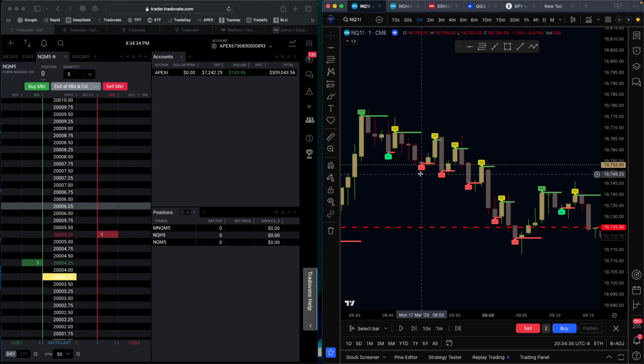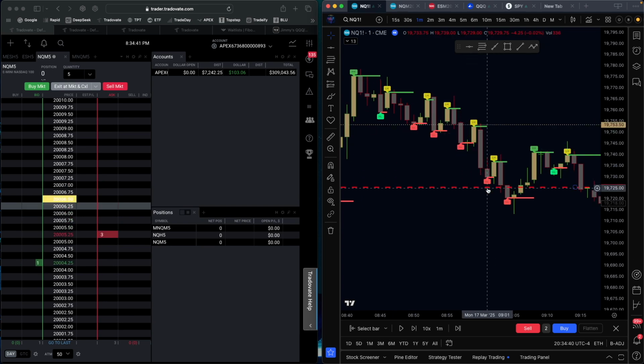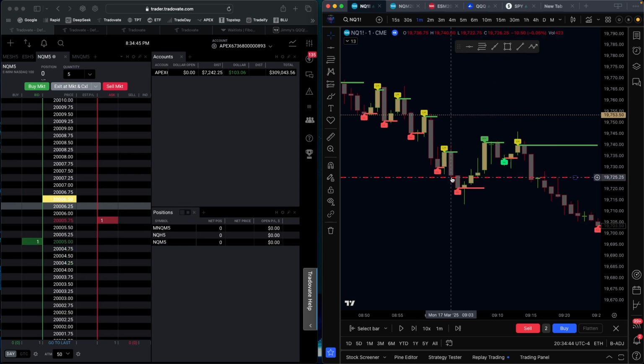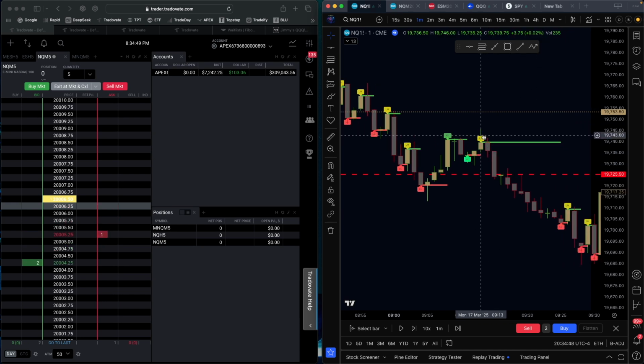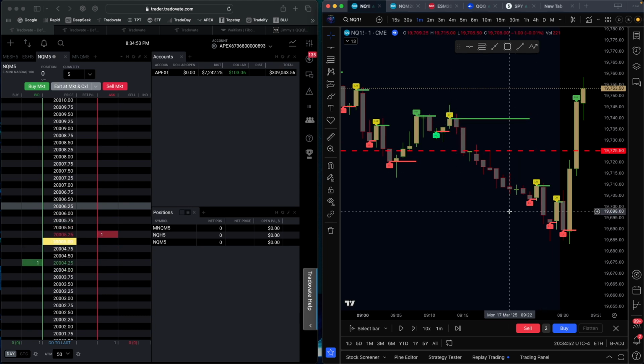Another lower high breaks that lower low, another lower high breaks that lower low, and so on until we break back above. And now we have a higher high, higher low. Technically, this would have brought higher than that. The market decided not to and came back down.